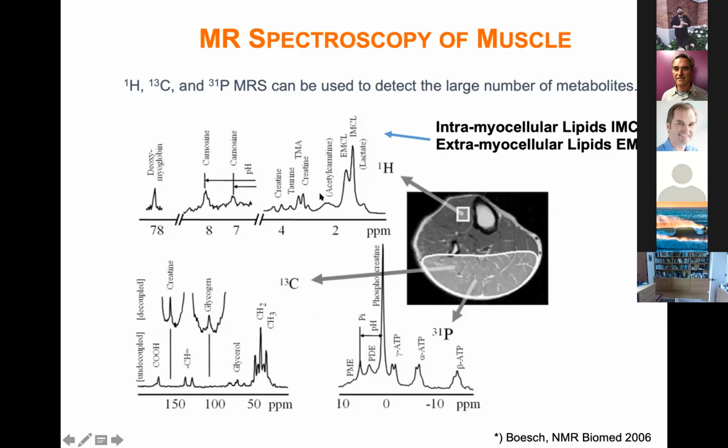And then there are some other peaks, and of course the water here is suppressed, and it's usually 3.2 ppm to the left of the fat peaks. By special equipment and tuning our coils to other nuclei frequencies, we can also obtain a carbon-13 spectrum here with several peaks, as well as a phosphorus-31 spectrum. So there's quite a bit of possibilities using spectroscopy.